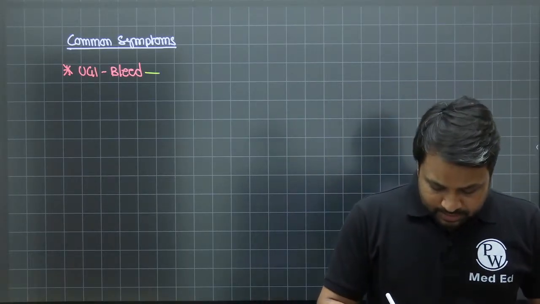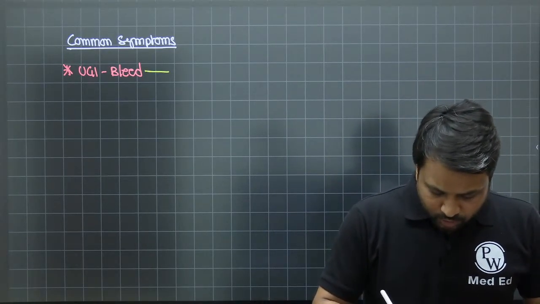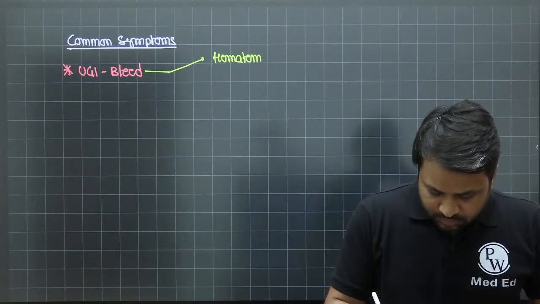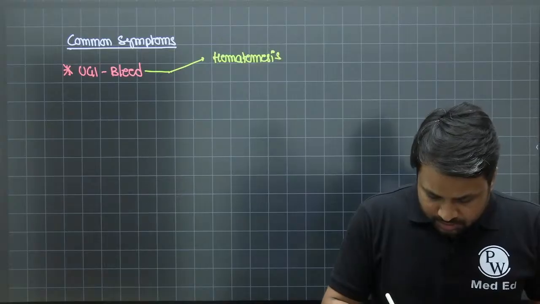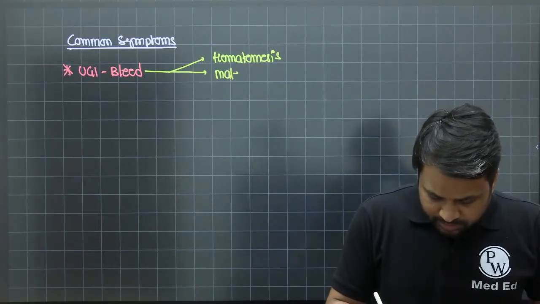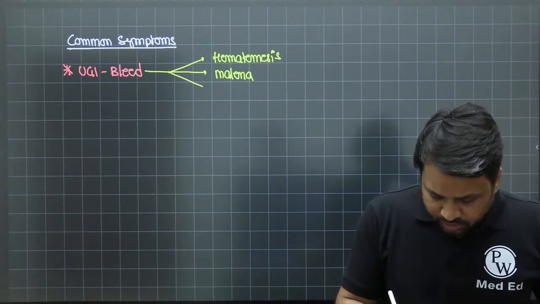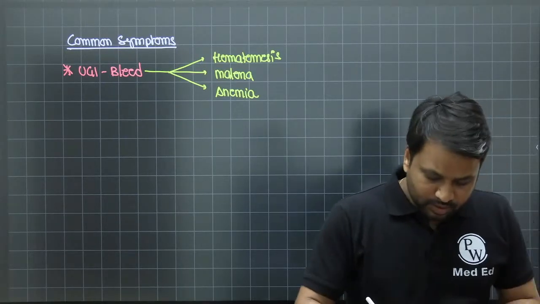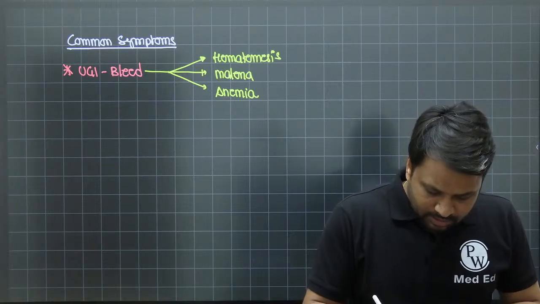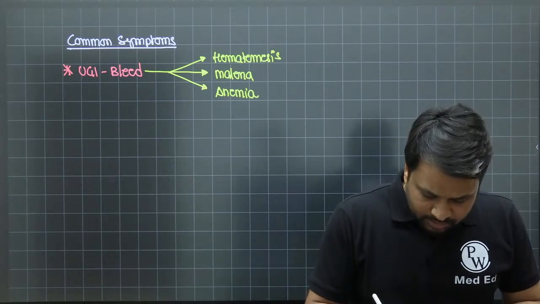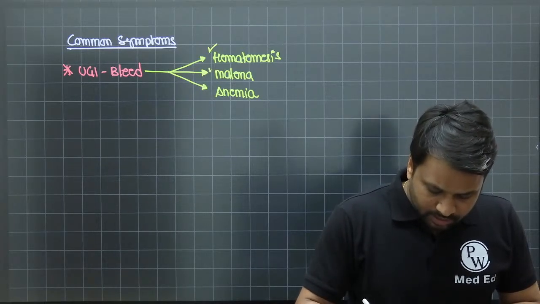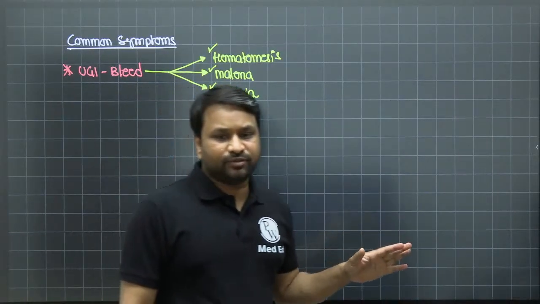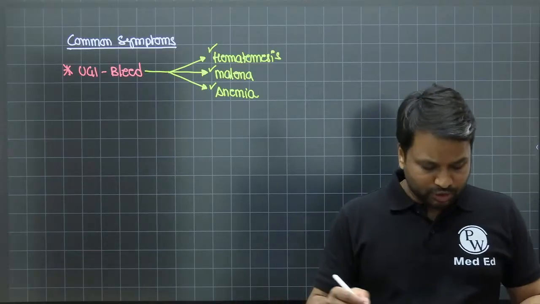As it comes out from the mouth, it presents as hematemesis. Then there would be melena, and because of blood loss, it is also associated with anemia. So these are the three findings that you will have with respect to an upper GI bleed.